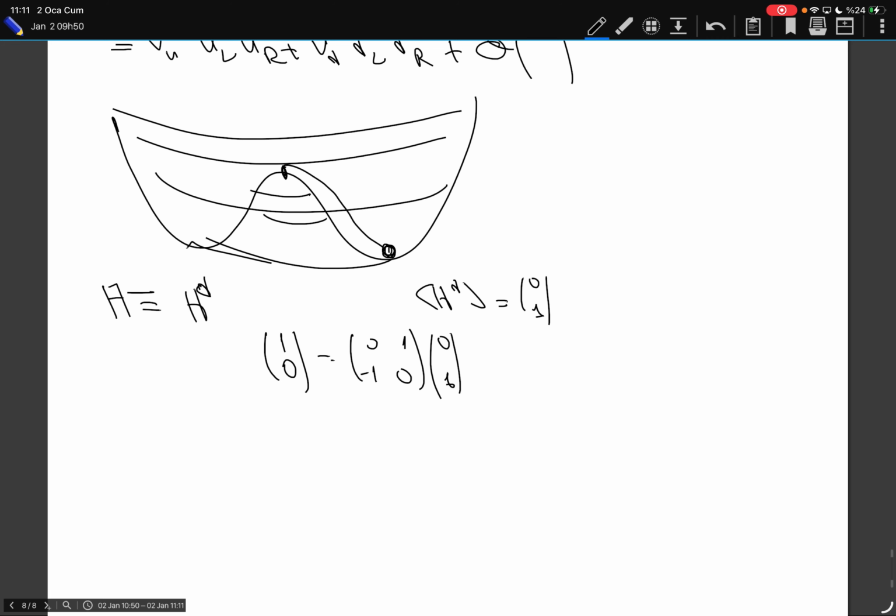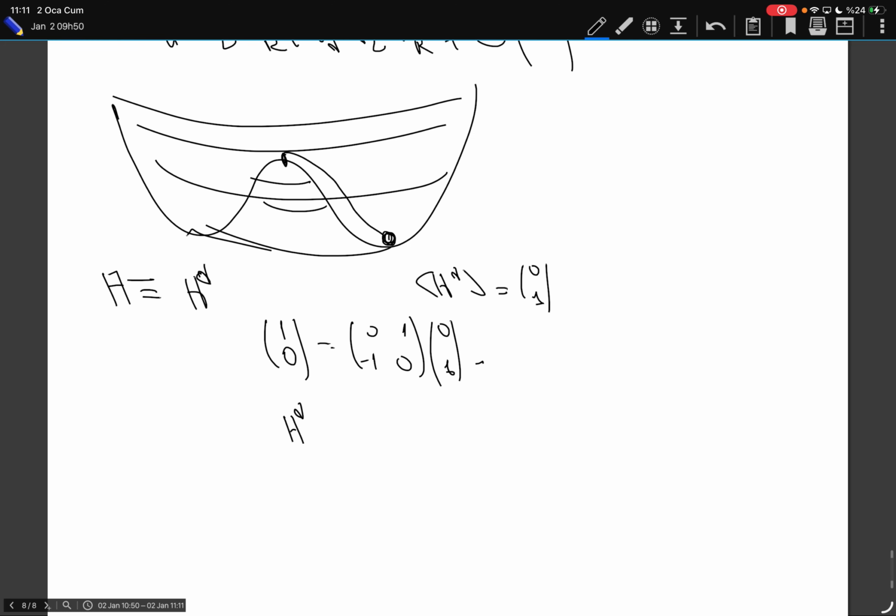I can have HT vacuum and multiply it with iσ2, and in the ground state, the vacuum expectation value will be 1, 0.